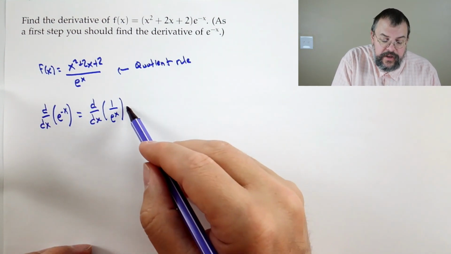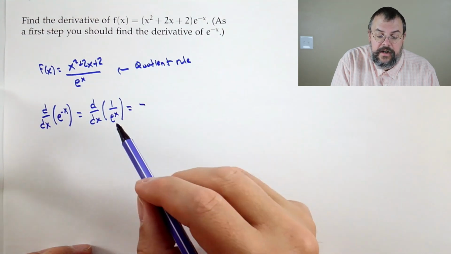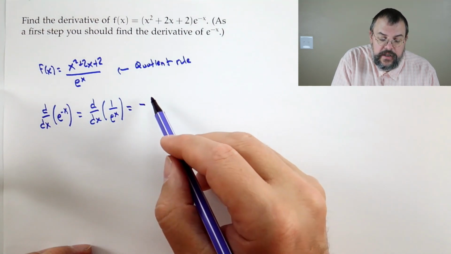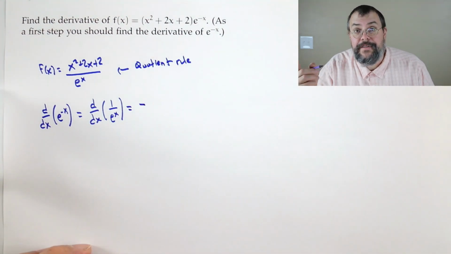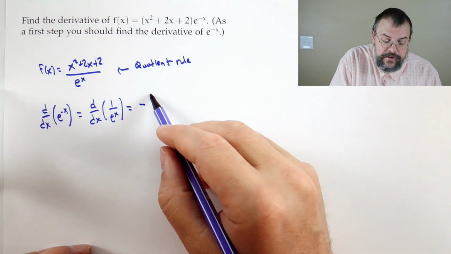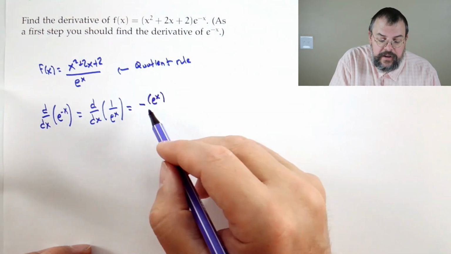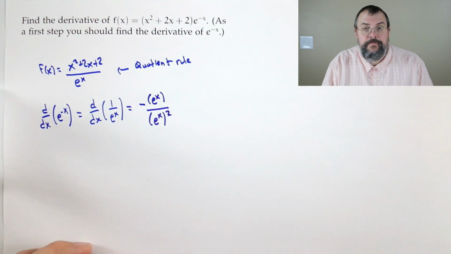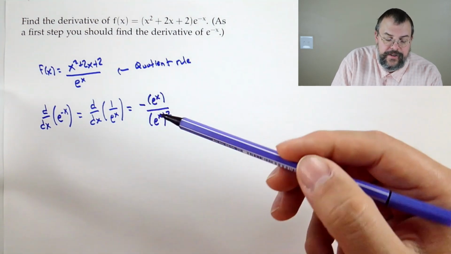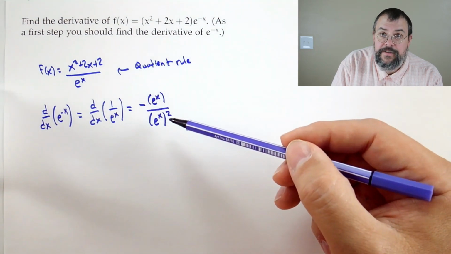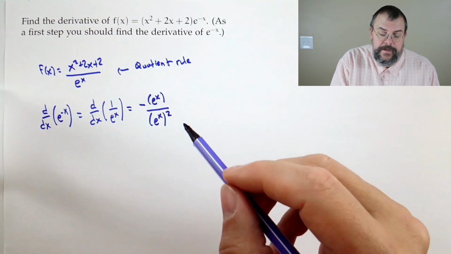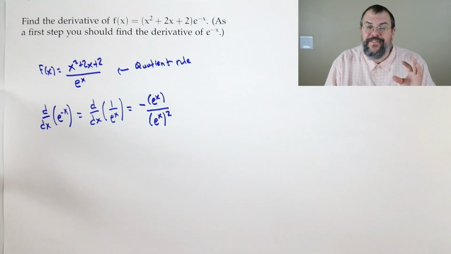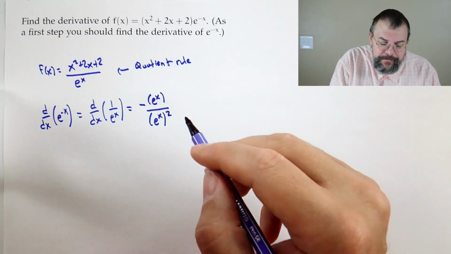The reciprocal rule says you take the negative of the derivative of what's downstairs. So the derivative of what's downstairs is e to the x, divided by the downstairs function squared. So the top is the derivative, the bottom is the function being squared. It's hard to keep track, because e to the x can be tricky like that.